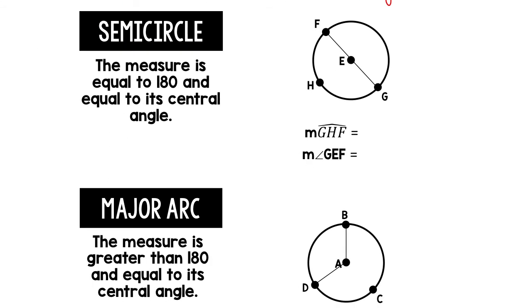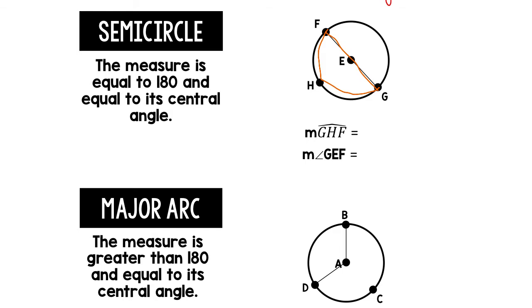If we have instead a semicircle, the measure of a semicircle is equal to 180 and equal to its central angle. So a semicircle is the line that cuts the circle in half. So arc GHF is a semicircle. Notice I've got the arc labeled with 3 points in this case.